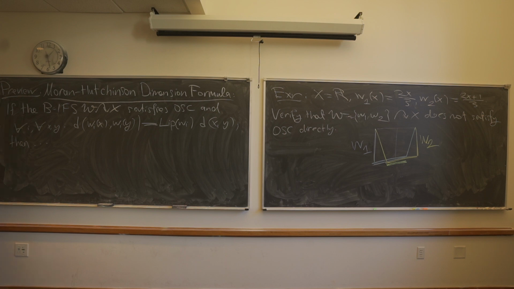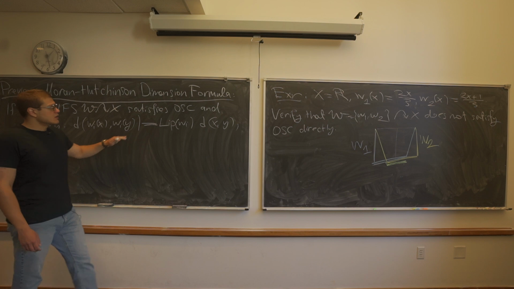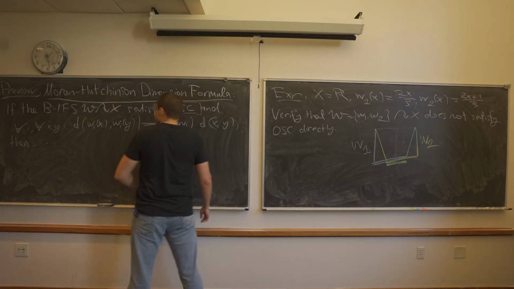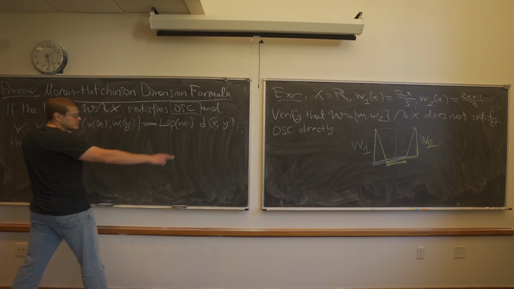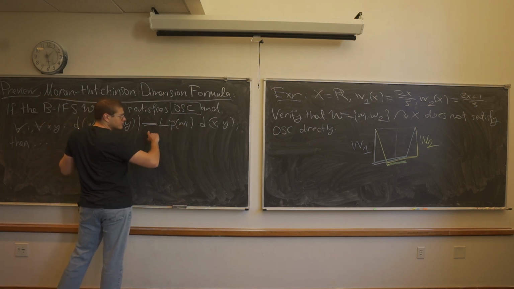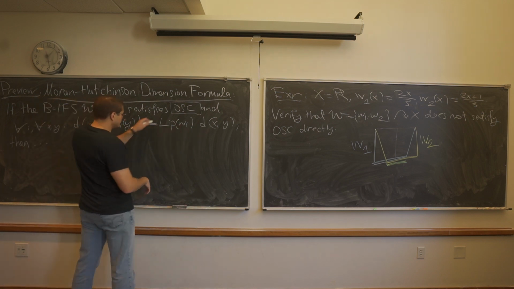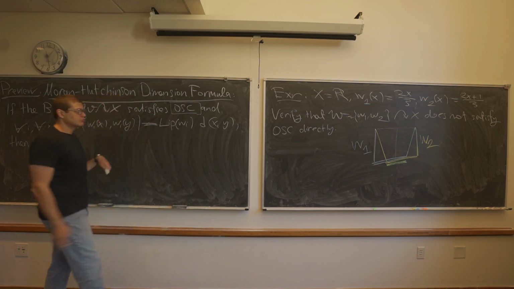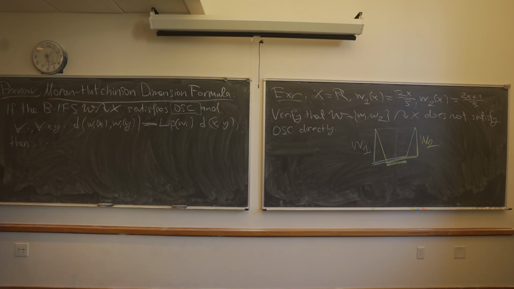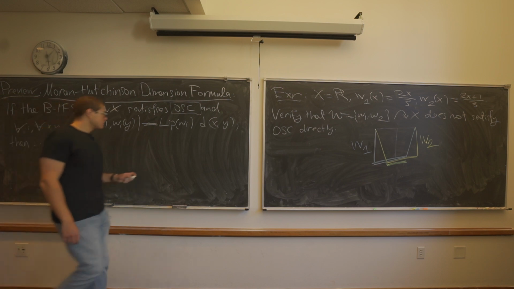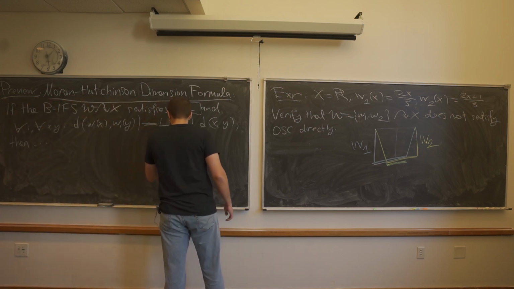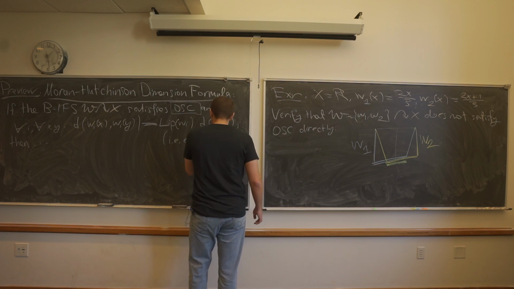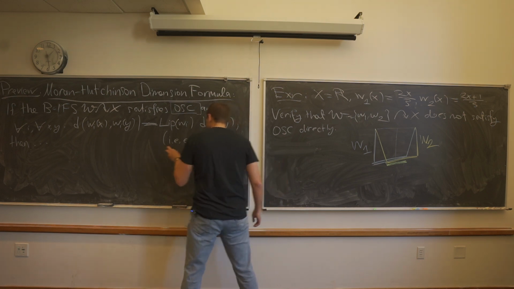If I have a B-IFS W acting on X that satisfies the open set condition, and if this Lipschitz constant is not only an inequality but in fact an equality for any two points, so this is what is called a similarity transformation, i.e., each Wi is a similitude, let's say.